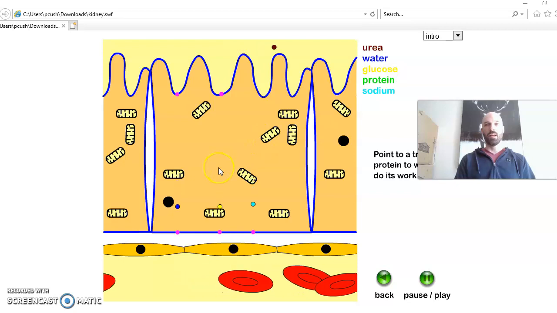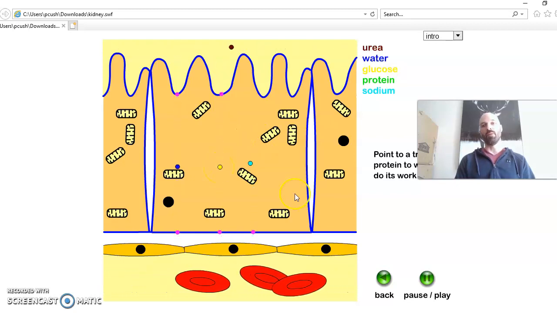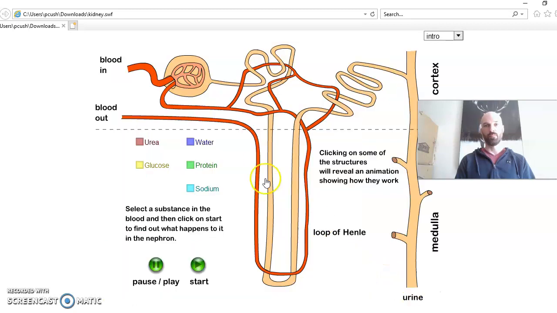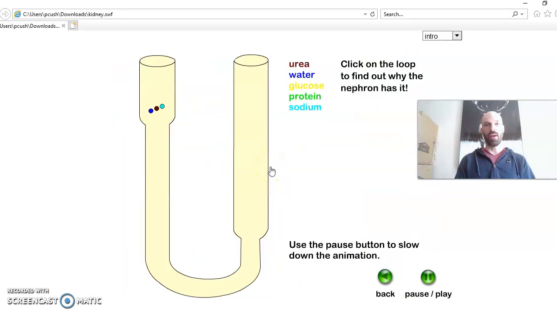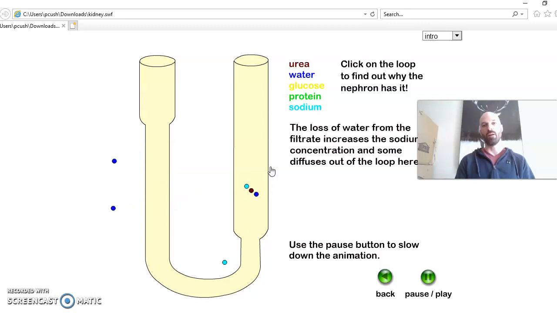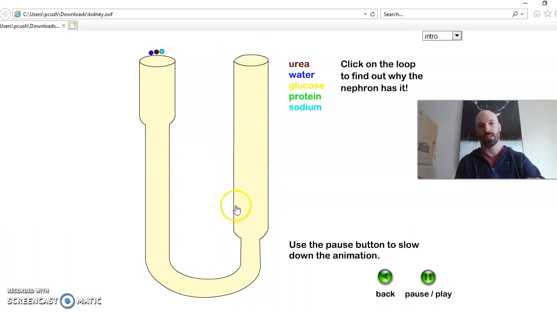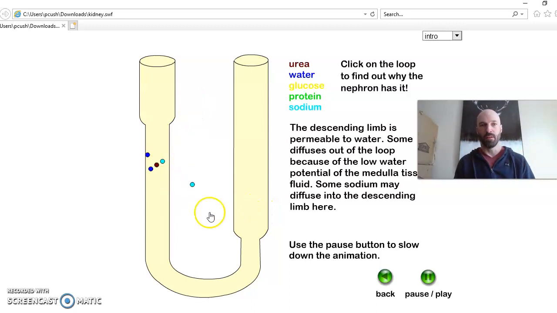You can see that water, glucose, and sodium are all reabsorbed in the proximal tubule. Then when we go to the loop of Henle, you can see that water is reabsorbed, and you're going to see sodium being reabsorbed on the ascending loop of Henle. It's the ascending loop because the fluid is moving up.